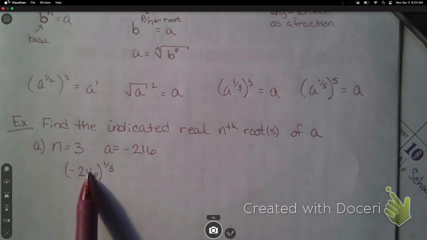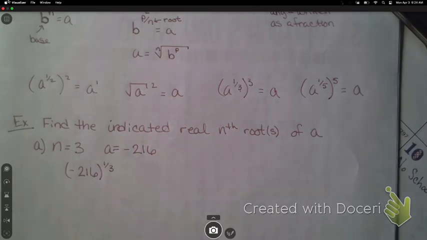So hopefully this is a perfect cube. Do you know 5 cubed? Well, 5 squared is 25. 5 cubed is 125. 5 quarters would be $1.25, right? Okay, so we know it's not 5.